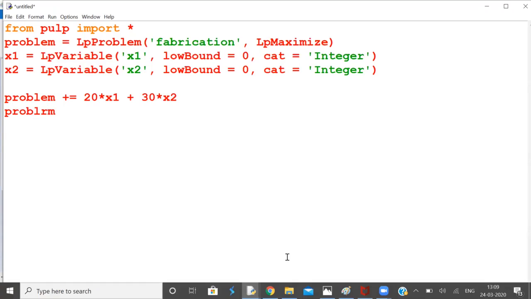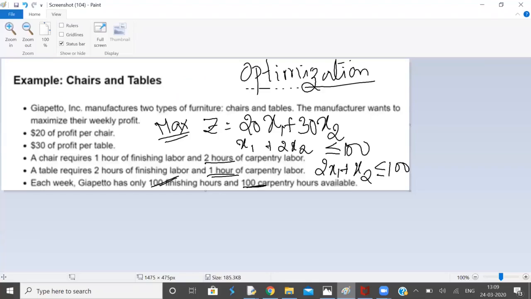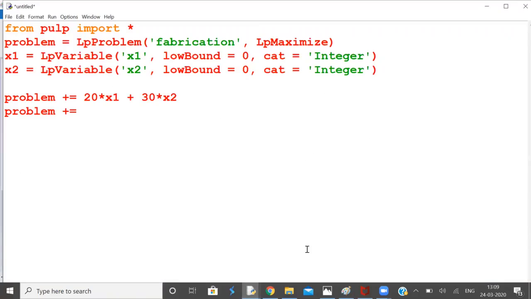Now next add the constraints. Constraint 1, what is constraint 1? x1 plus 2x2, and the other one is 2x1 plus x2. So x1 plus 2 into x2 is less than or equal to 100. So the next constraint is 2 into x1 plus x2 less than or equal to 100.